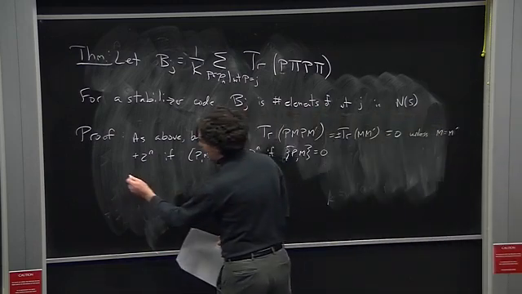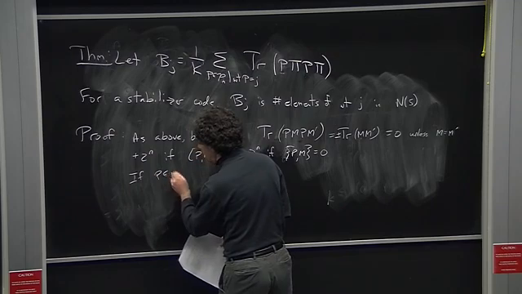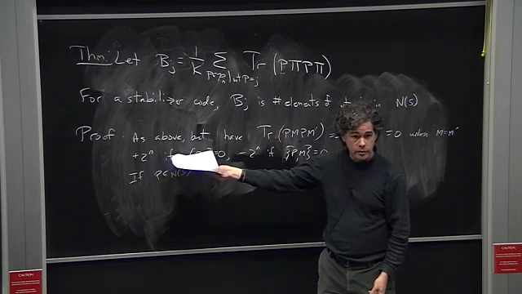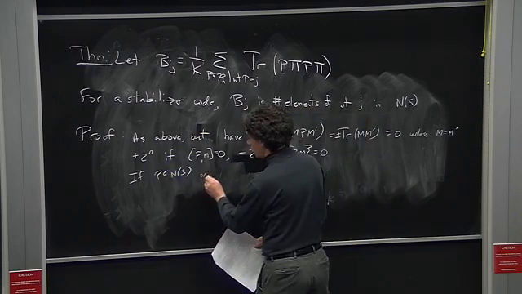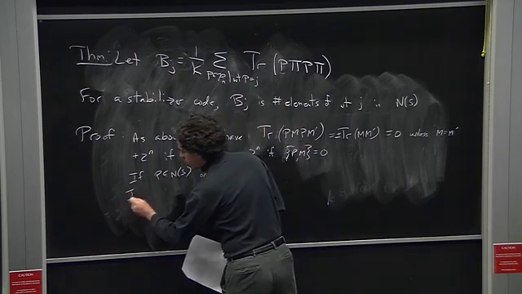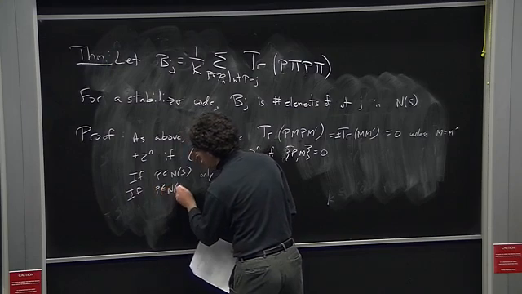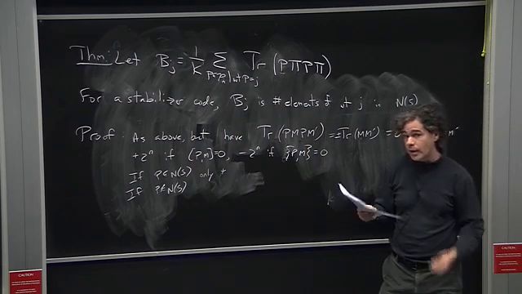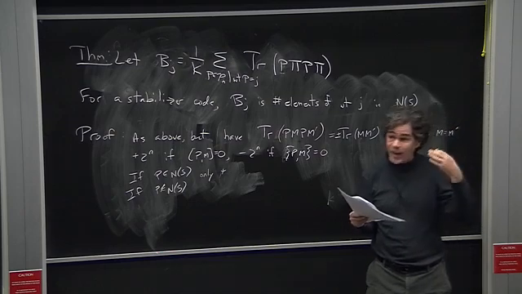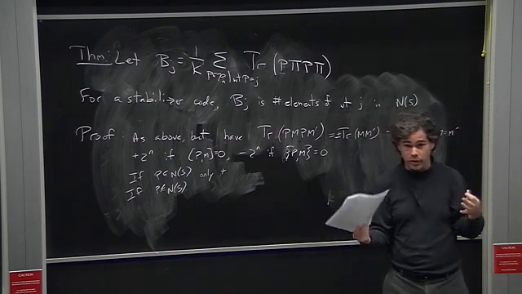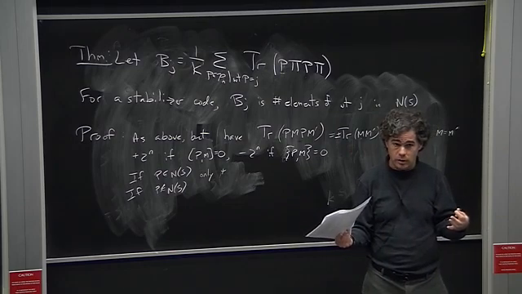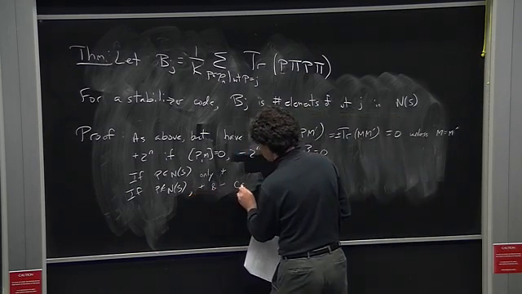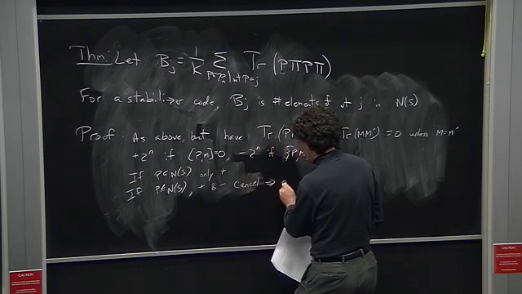So if P is in N of S, then that means we only ever get this case. But if P is not in N of S, well, then sometimes we'll get plus and sometimes we'll get minus. And you can work out that you get plus half the time, it'll commute with half the elements of the stabilizer, and anti-commute with half of the elements. And then the plus and minus cancel out. So the sum gets 0.